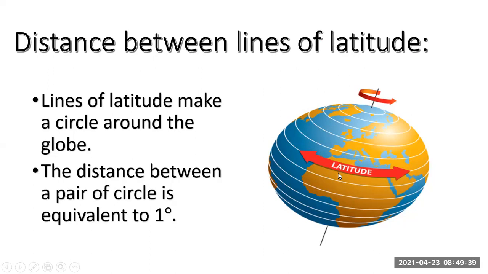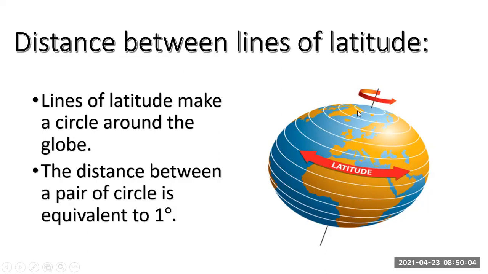But all the lines do not come to the equator. While in longitude, all the lines go to the poles. But in latitude, what they do is make a circle around the globe.